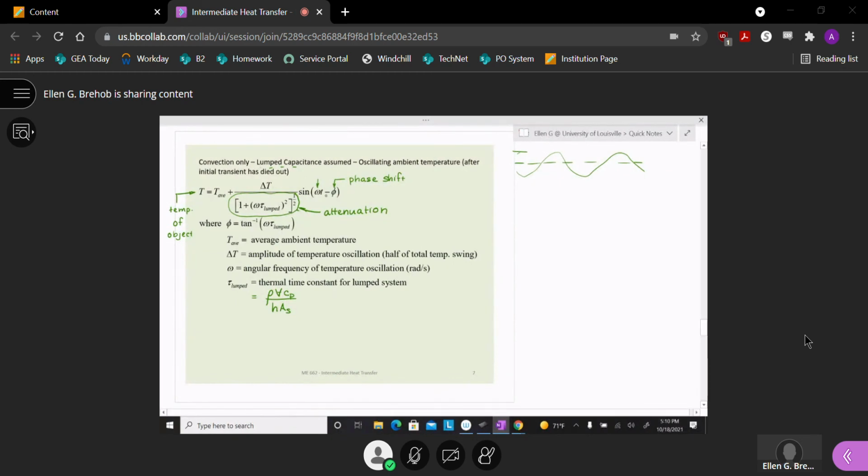And I called this a phase shift, but you can see we're subtracting it. It's really a lag, so how much we are delayed from reading the peak temperature.